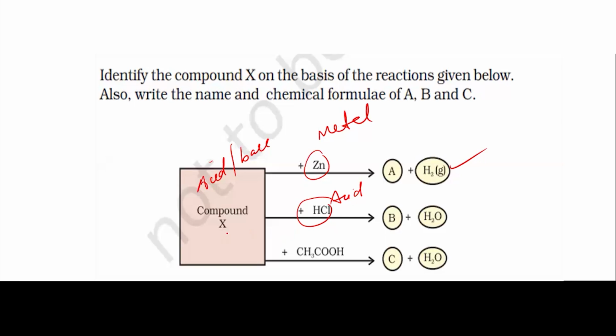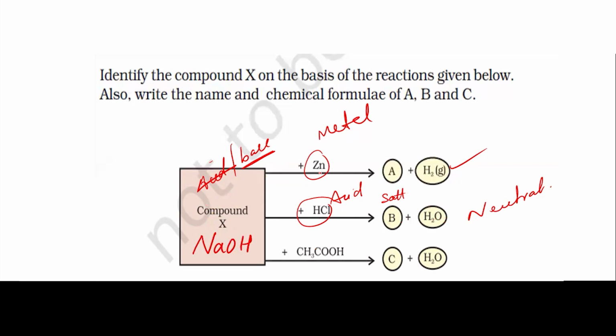Acid and acid cannot react, so here it will be a base. Acid and a base react, you will be getting salt plus water, a neutralization reaction. And here you are getting acetic acid, so it will automatically be a base. Which base will that be? It will be NaOH.